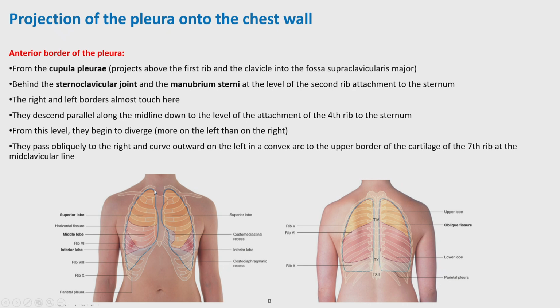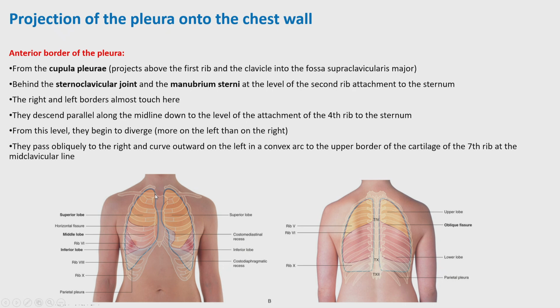The pleura starts from the cupula. The cupula is the parietal pleura, which covers the apex of the lung. It projects to the first rib, as you see here. On the anterior side, it goes to the clavicle here, and from the major supraclavicular fossa, it goes down.